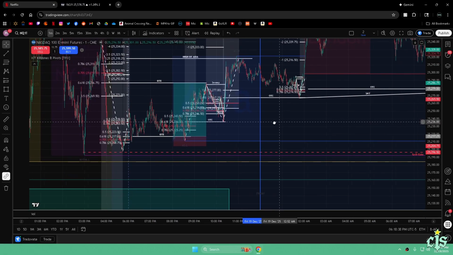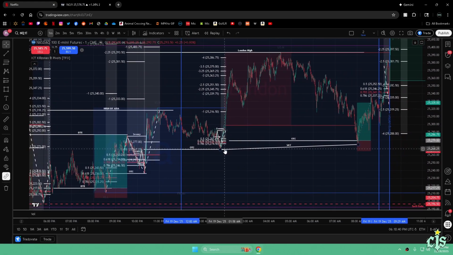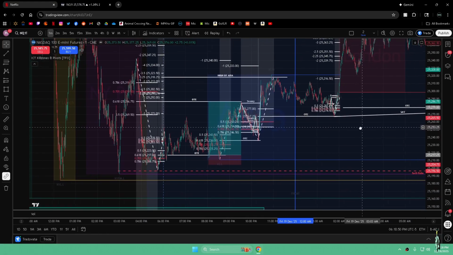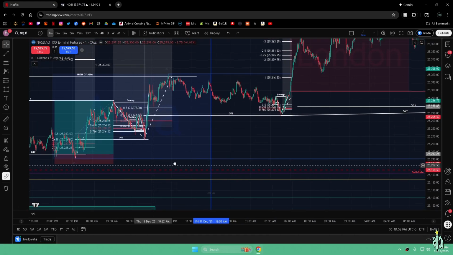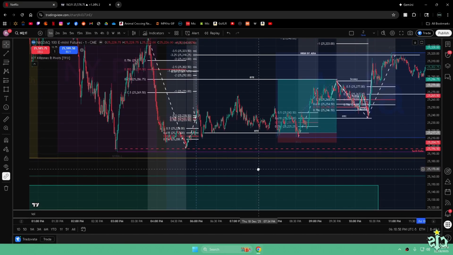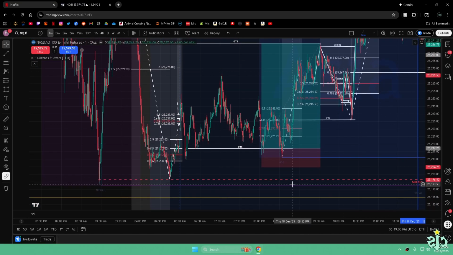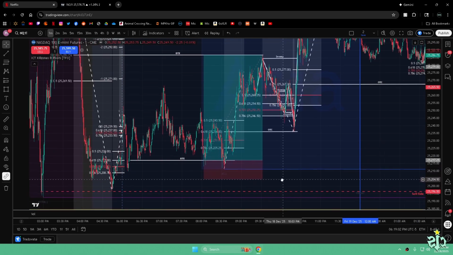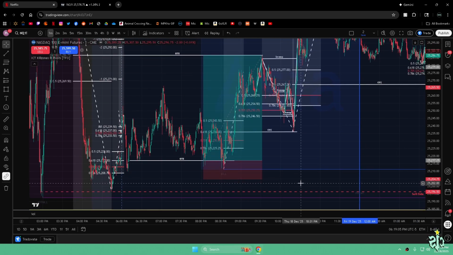Now, to mark out your ranges could get very hard, but as I showed you, you only want to do it to the body candle close after it breaks structure. There might be a good example somewhere. Okay, so we have this range, right?